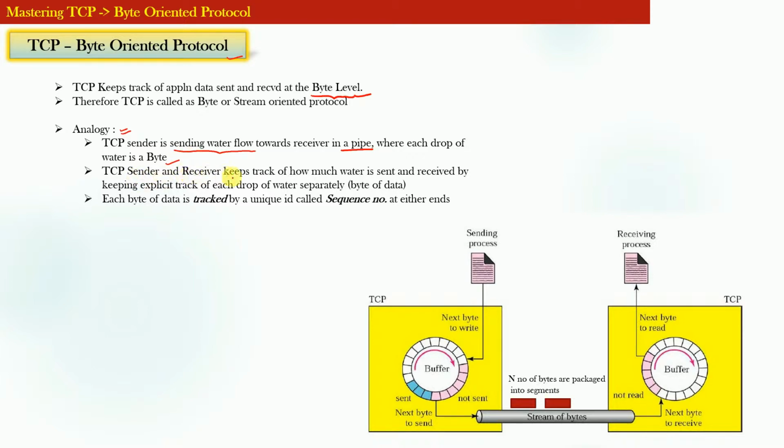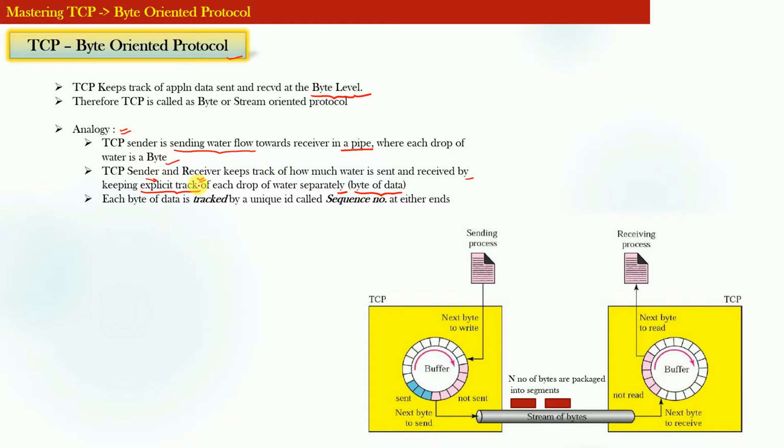TCP sender and receiver keep track of how much water is sent and received by keeping explicit track of each drop of water separately. So remember, each drop of water here denotes a byte of data. And also note the words explicit track of each drop of water. Explicit track means that the TCP protocol on the sending side and the receiving side keep track of each byte of data which is being sent or received.